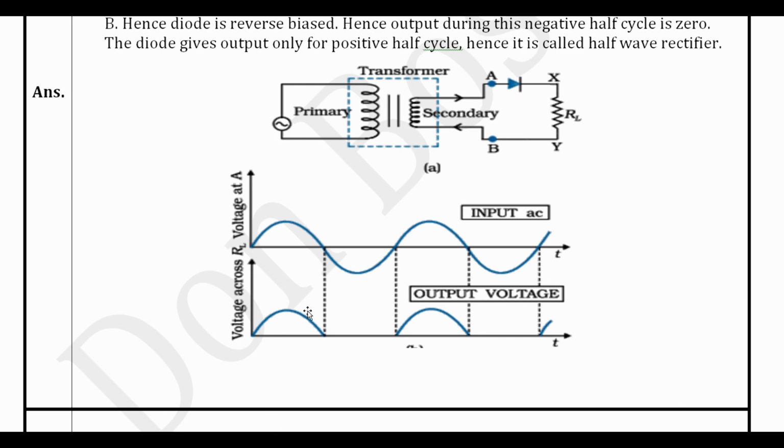See here we have got a curve. Next, when the next half cycle enters this point A, this diode is said to be reverse bias, which means no output. See, there is no output here. So this process continues. So only positive half cycles are getting converted into DC. When there are negative half cycles, the output will be 0.